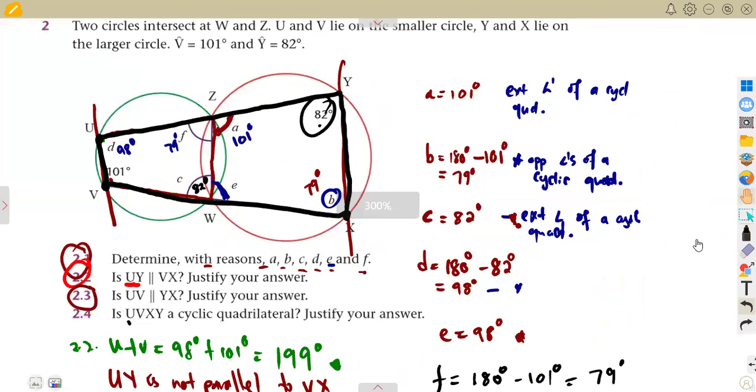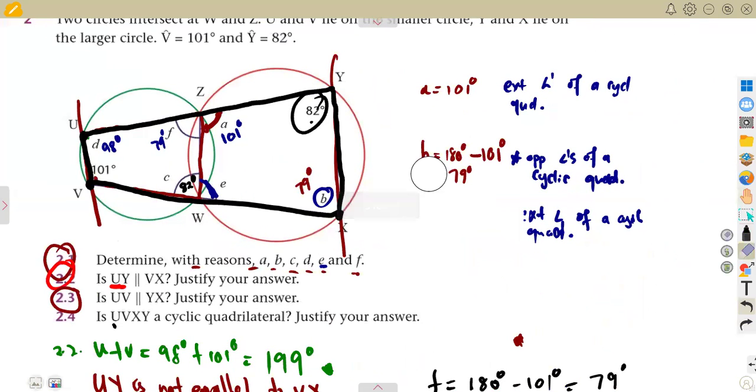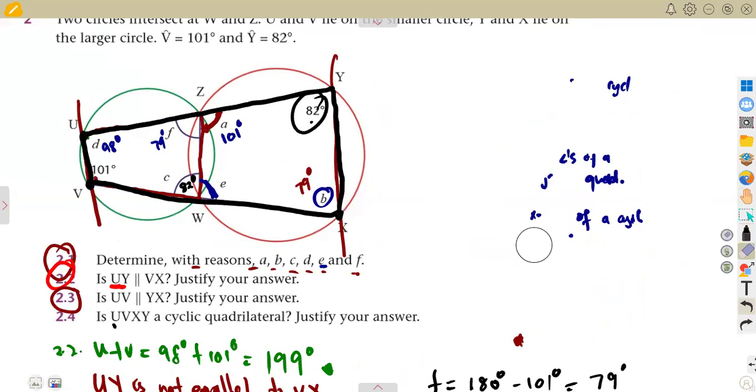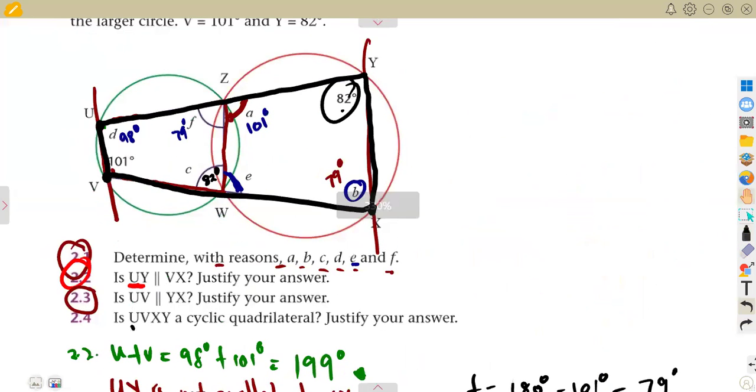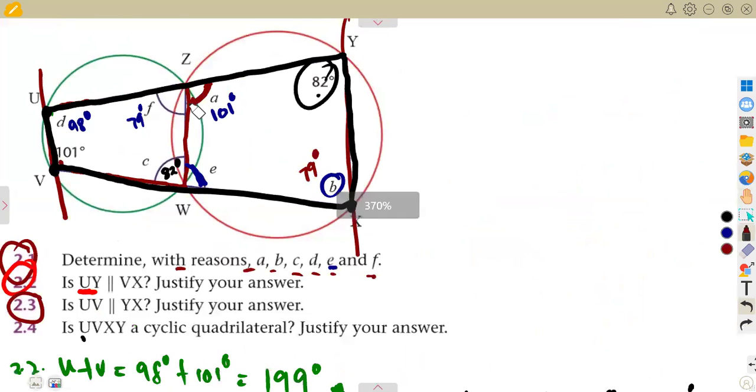We can use the concept of opposite angles. Remember, like what we had on the previous quadrilaterals, the smaller one, it was a quadrilateral, and we used opposite angles. Opposite angles are supplementary. They add up to 180.